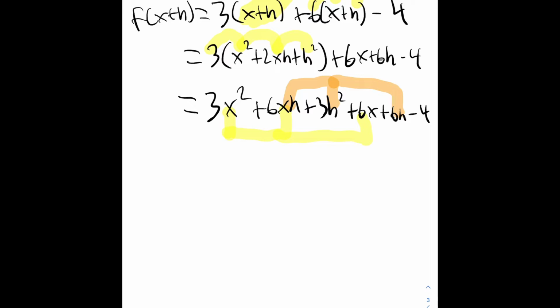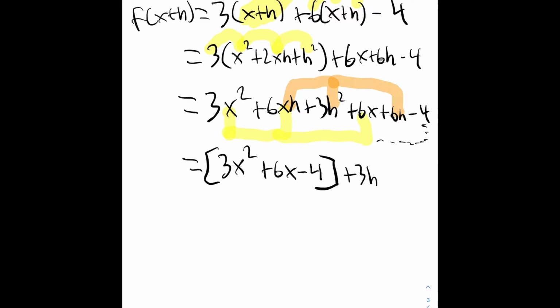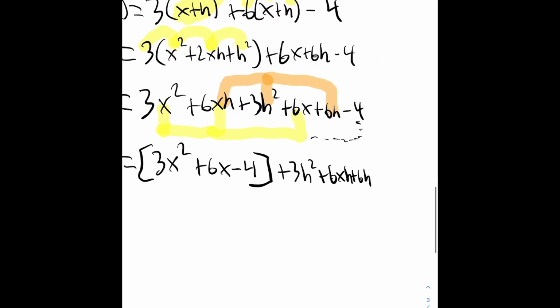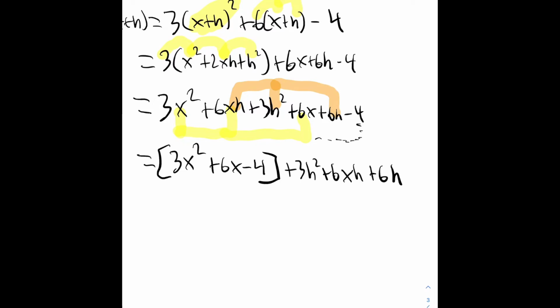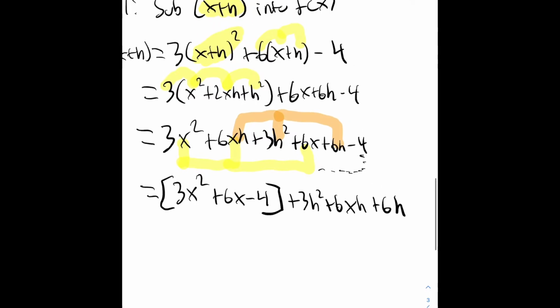I'm going to put my x's together: let's take 3x squared plus 6x, and I'm also going to include this negative 4 here because I've got to put it somewhere. Then I'm going to leave all my h's: 3h squared plus 6xh plus 6h. So I'm just reordering how I push things together.